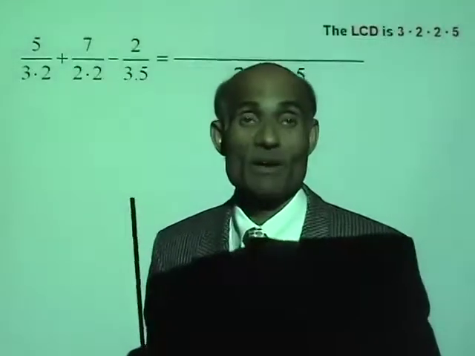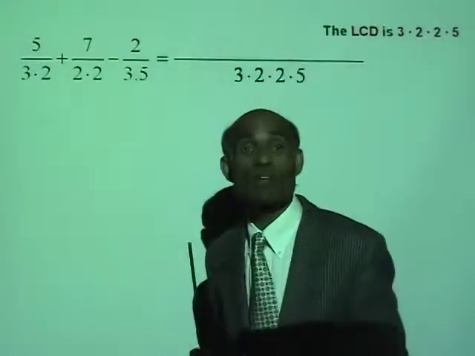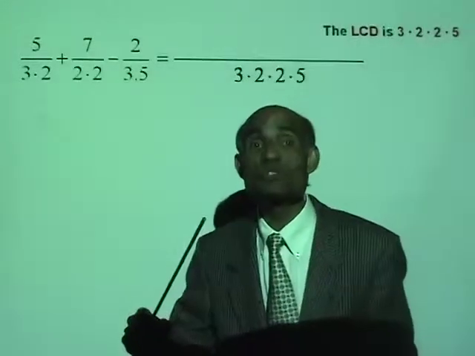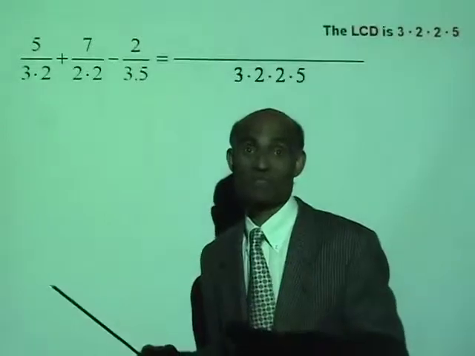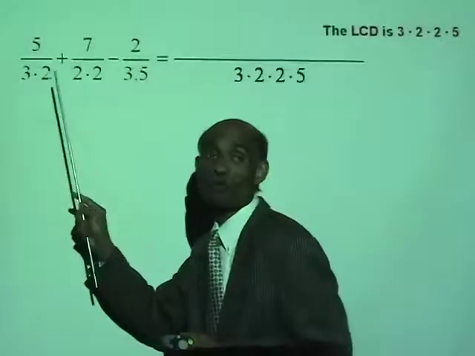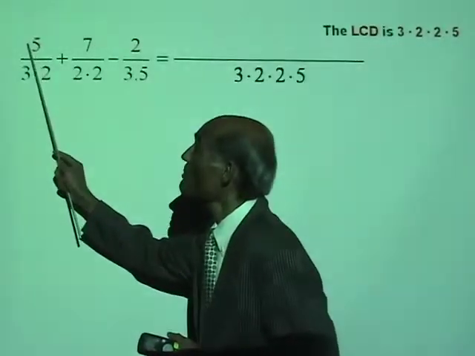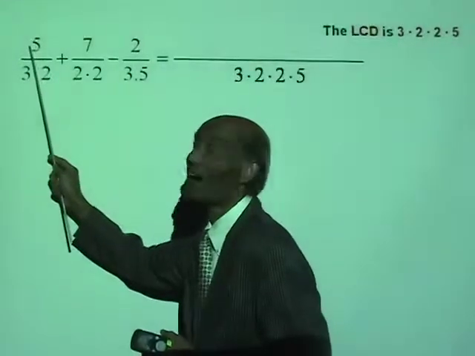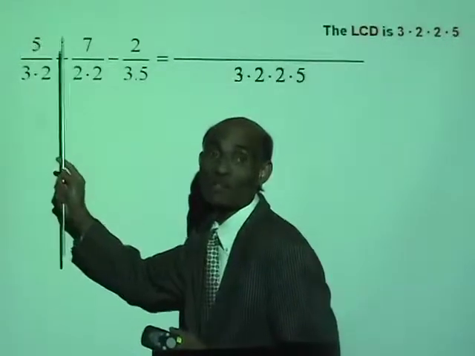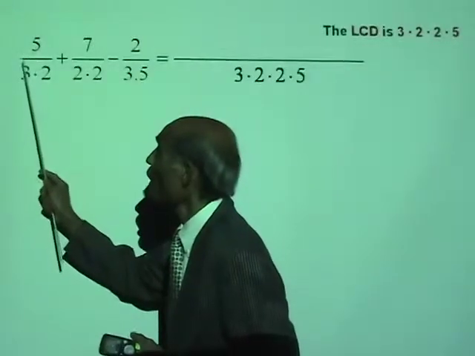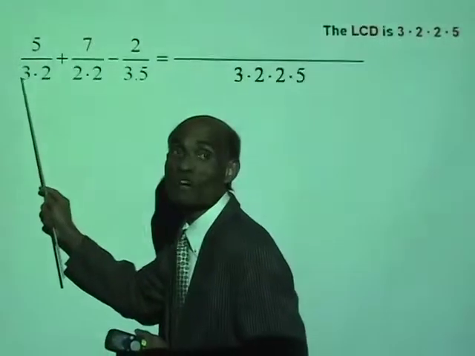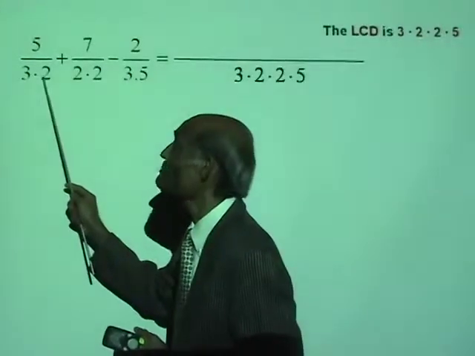Now, I'm going to rephrase it in another way, which is going to be useful to us when we do the algebraic expressions. The question is, what am I going to multiply this 5 with? Look at the way I'm going to decide. The factors on the first denominator are 3 times 2.